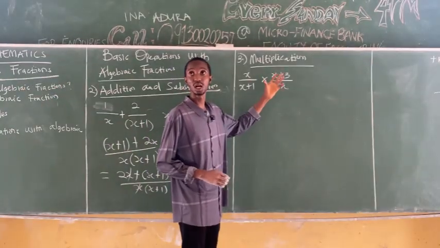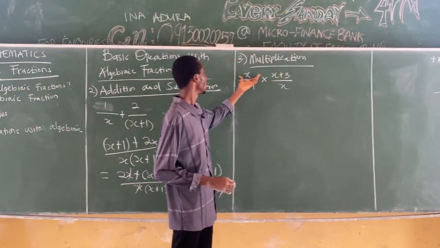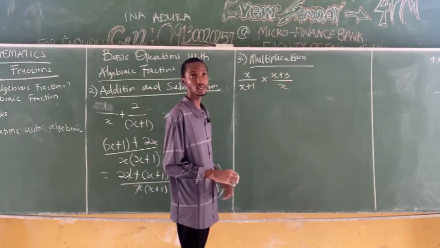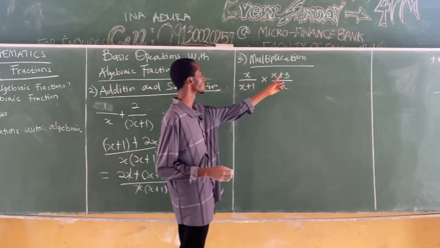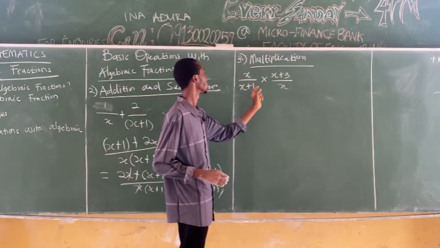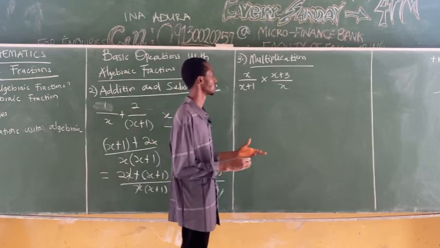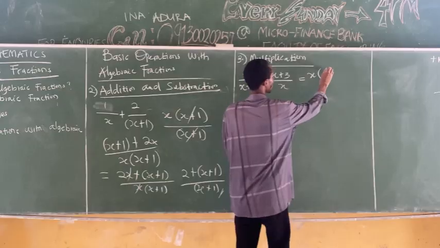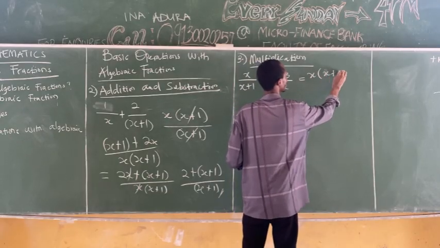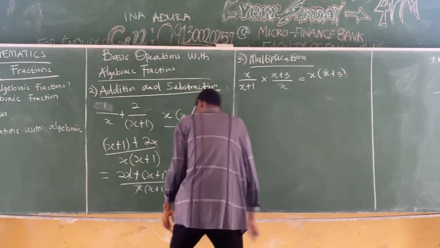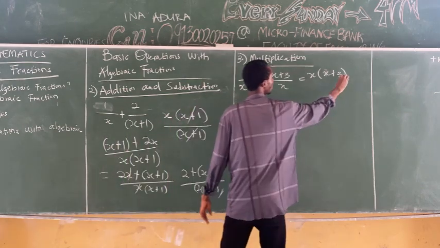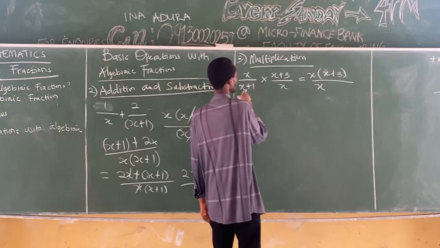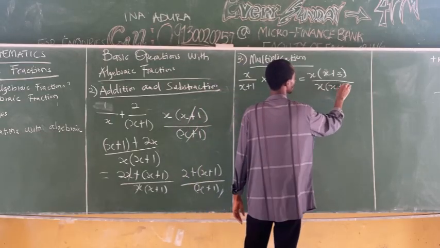For multiplication now, when you have an expression like this, x over x plus 1 times x plus 3 over x, what you need to do is multiply the two numerators and multiply the two denominators. By that we mean this is the same thing as x into x plus 3 divided by x times x plus 1, which gives us x into x plus 1.